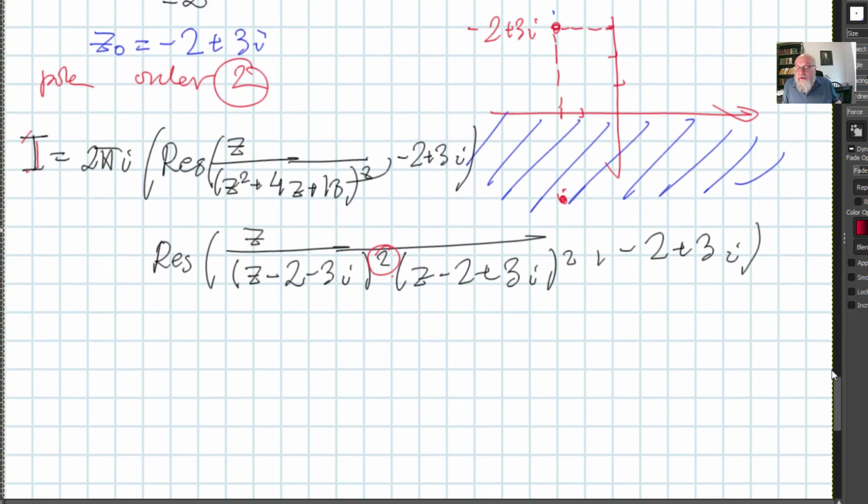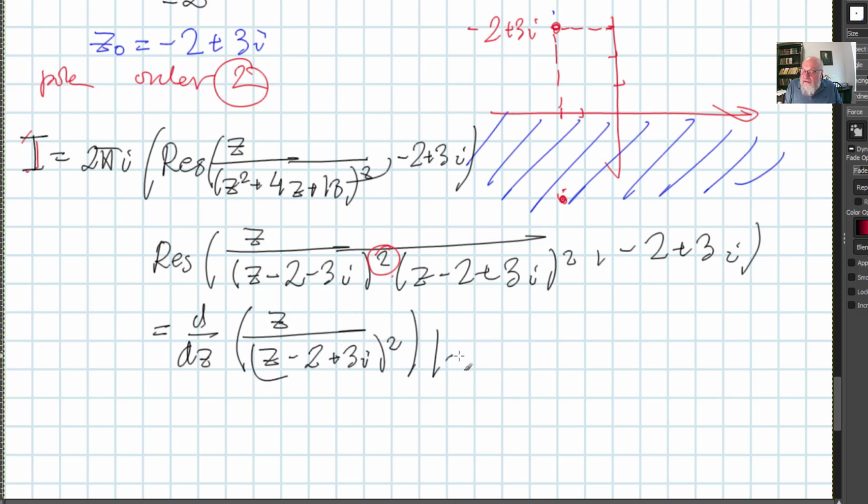So this will be equal to d/dz of z divided by (z minus 2 plus 3i) squared, taken at z equal to minus 2 plus 3i.